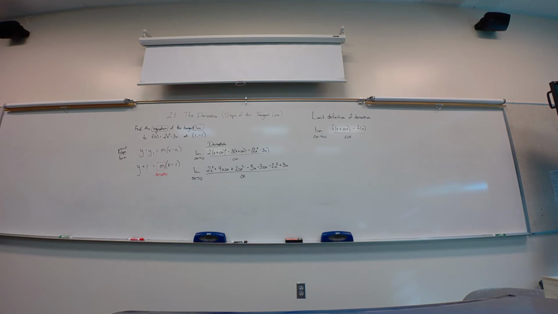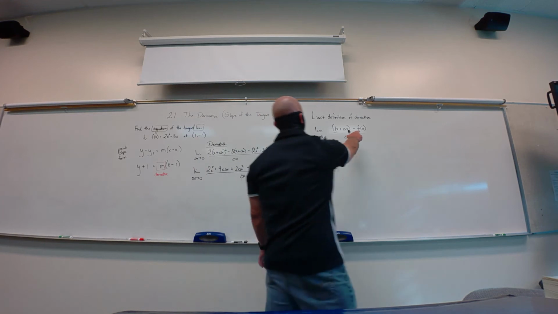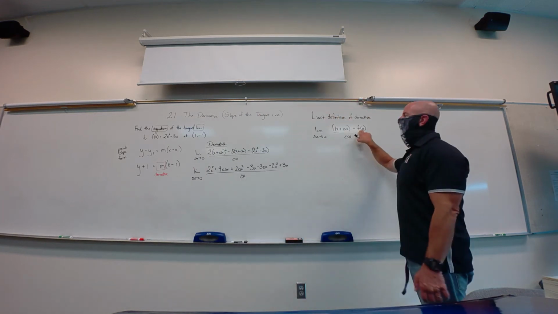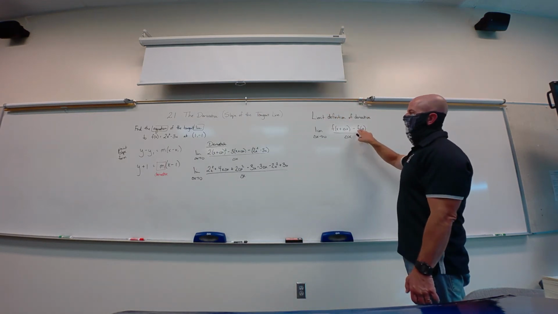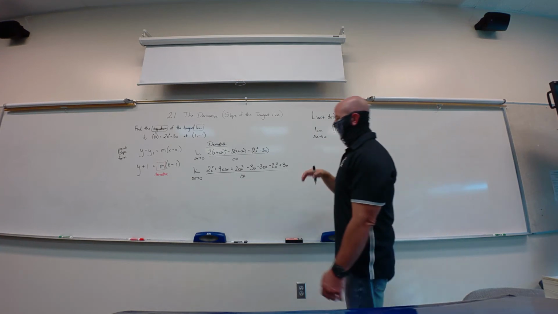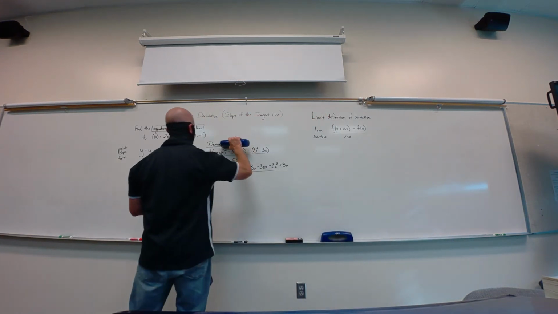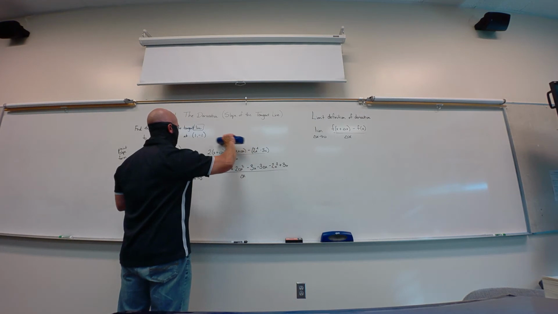So where does the 2x squared minus 3x come from again? Oh, that's the function. So why is that in there though? Minus f of x. Oh, right, sorry. Minus f of x, so there's my function piece. So I've got f of x plus delta x, so this is that first part. Put it like this.